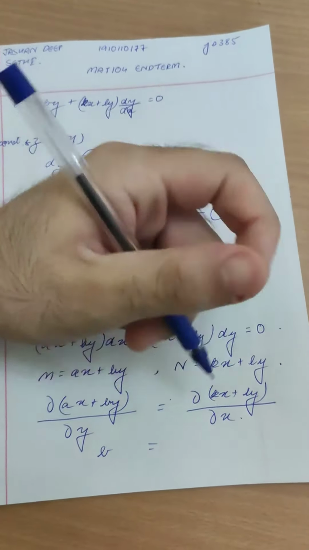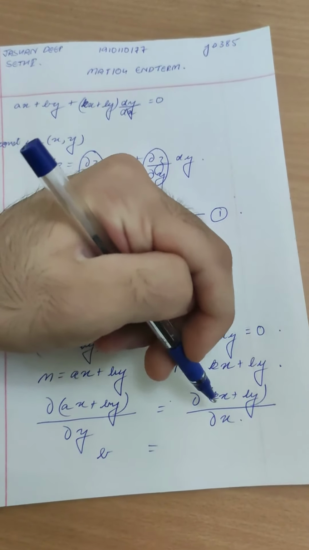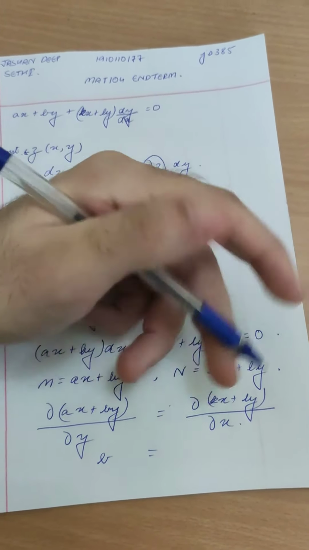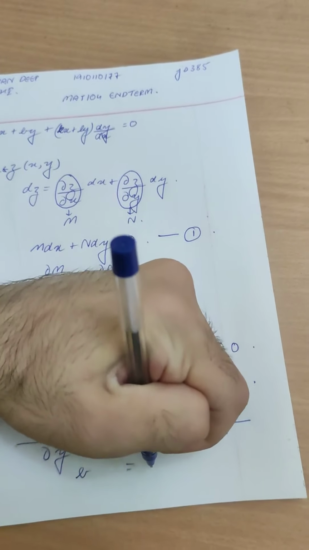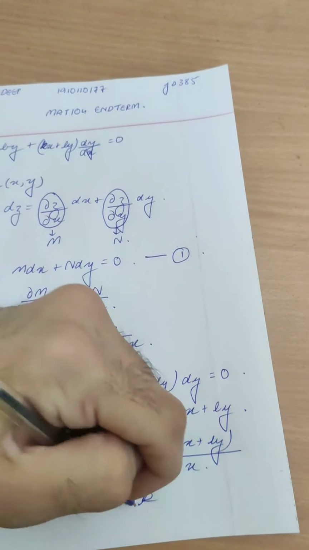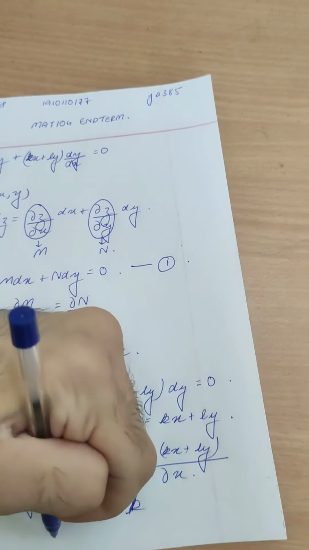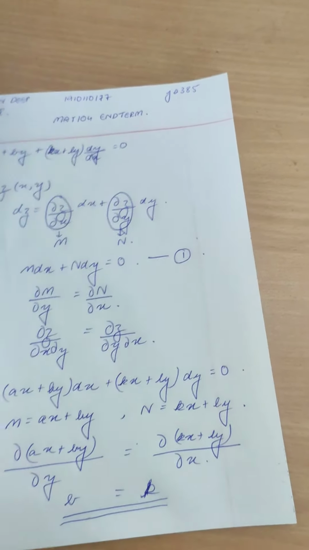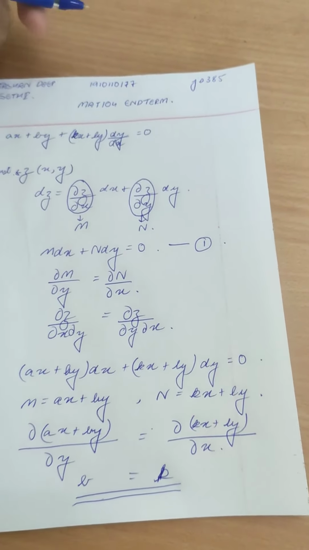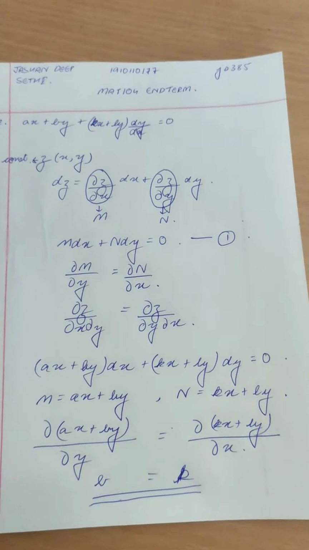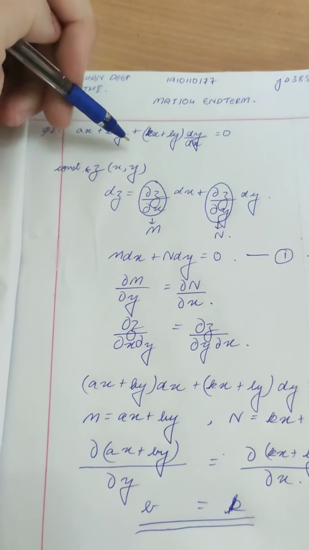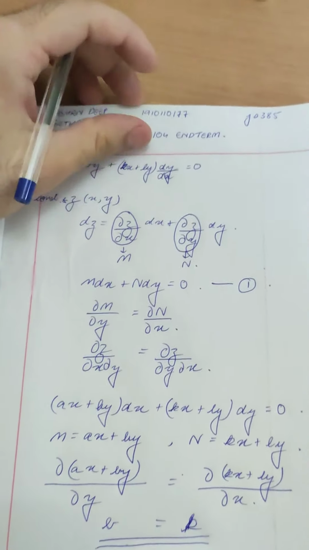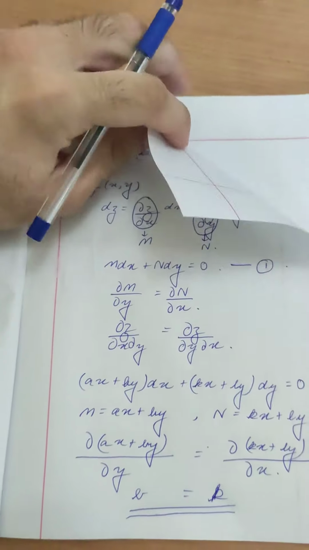And on the right hand side, the kx term would give us k and the ly term would become 0. So this would give us k. So the condition on the constants a, b, k and l should be that b should be equal to k for this particular equation to become an exact ODE. Now we have to solve for the exact ODE.